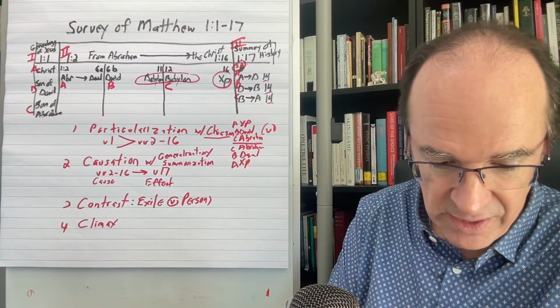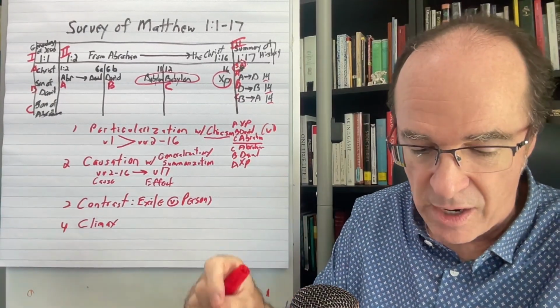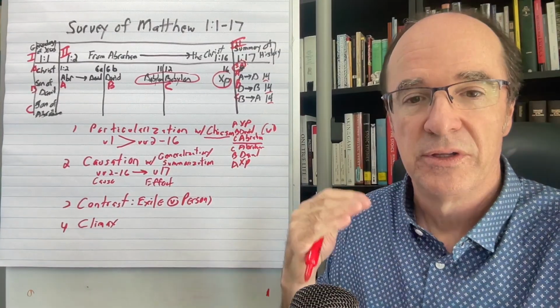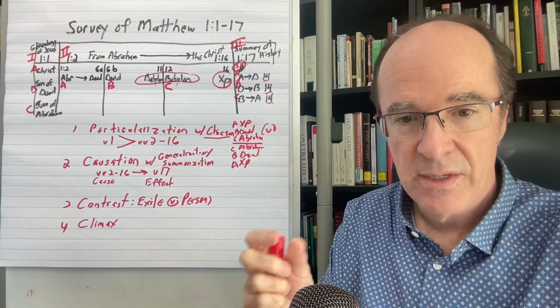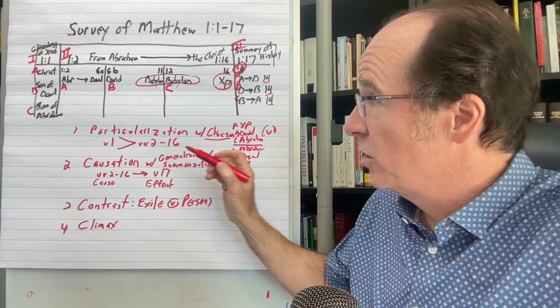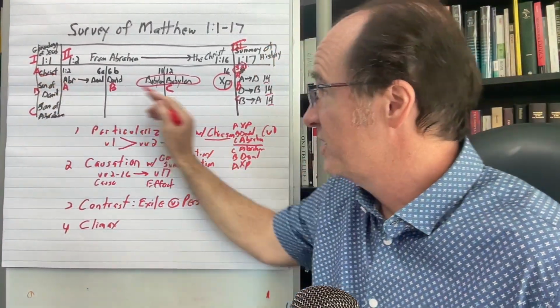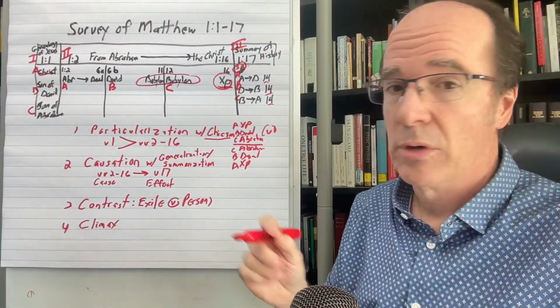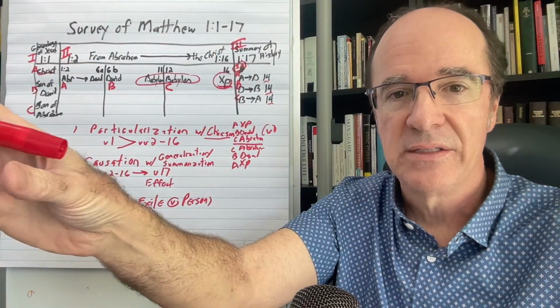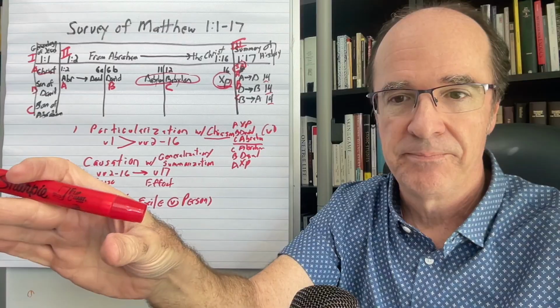"And Jacob, the father of Joseph, the husband of Mary, of whom Jesus was born, who is called the Messiah." So you get a little bit more information, and clearly this idea of the Messiah being born is the climactic high point of the genealogy.